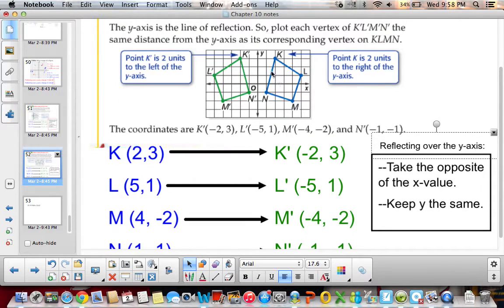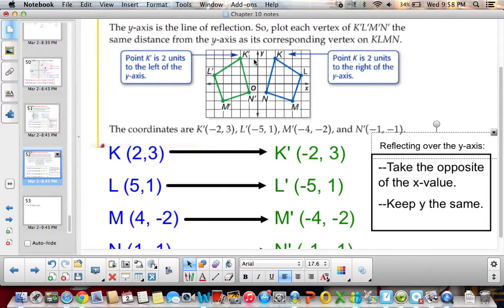So this time, we're going this way, starting with the blue and going over to the green. We're counting to make sure it's the same distance away from y. If you're given a figure and you graph the points and then you graph the image, you always want to look and make sure that after you've graphed them that they're exactly the same distance away.